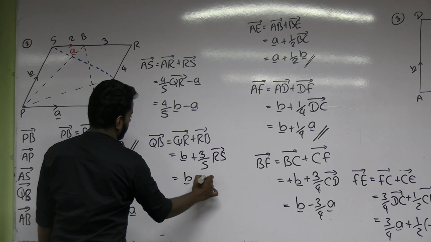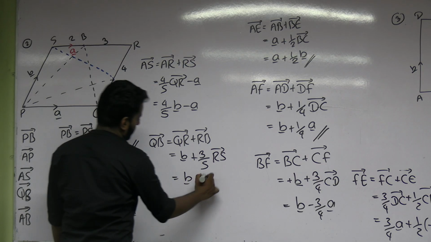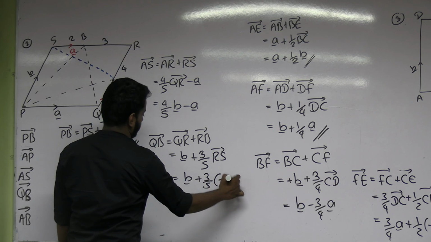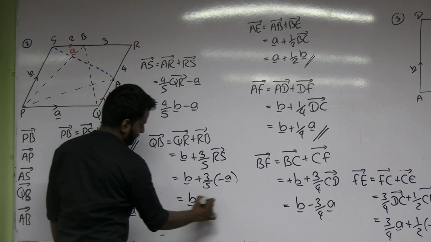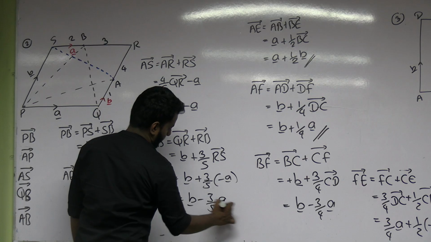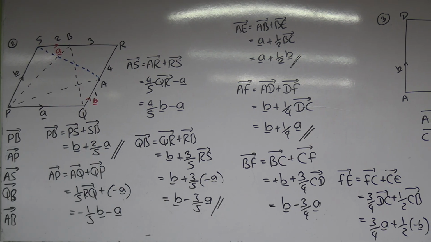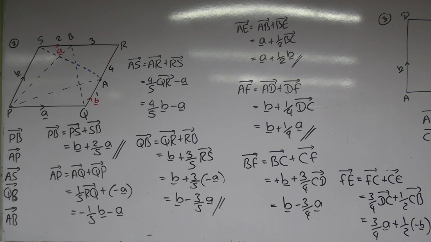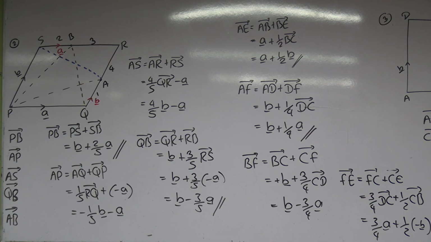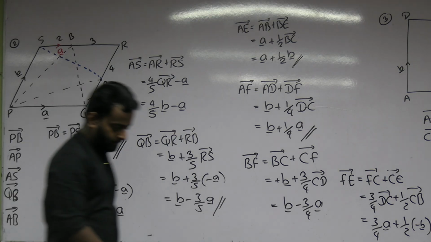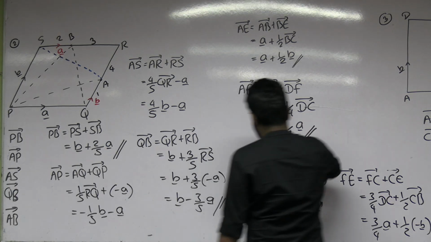So this is simply B, and RS is minus A. So B minus 3 over 5 A. That is QB. And next, finally, you are supposed to find AB here. So we'll just remove this.